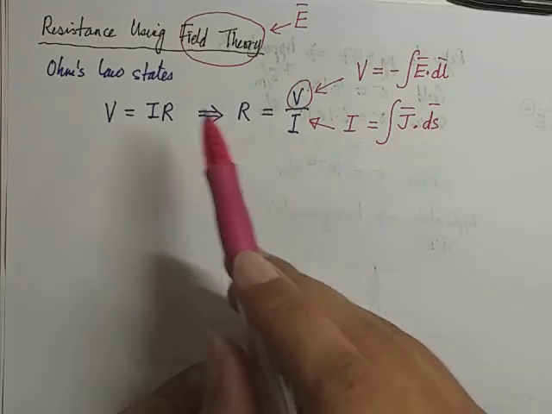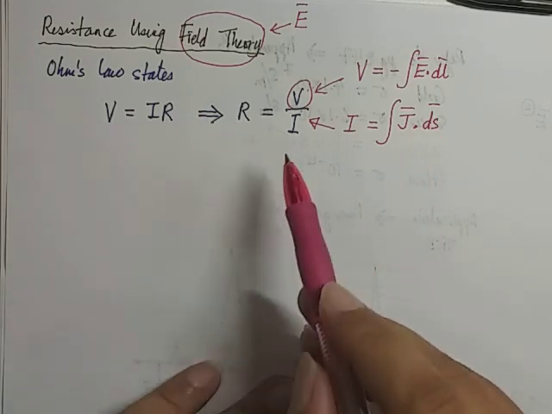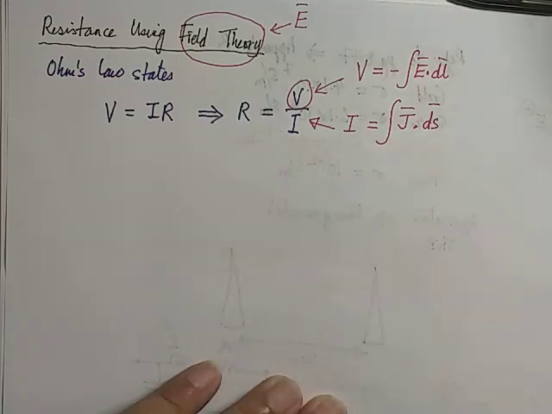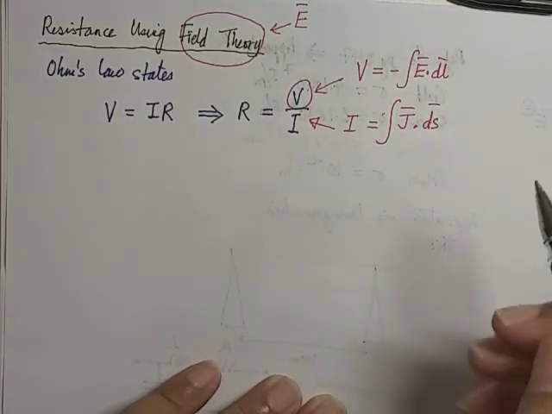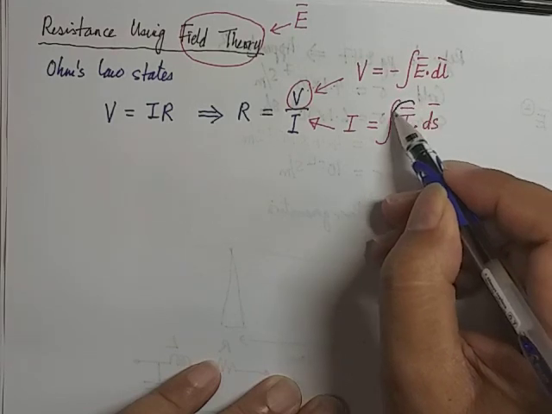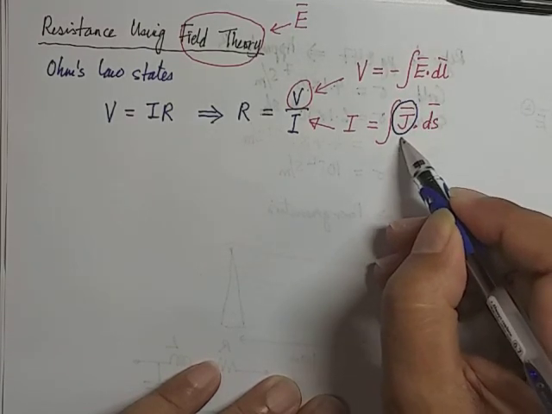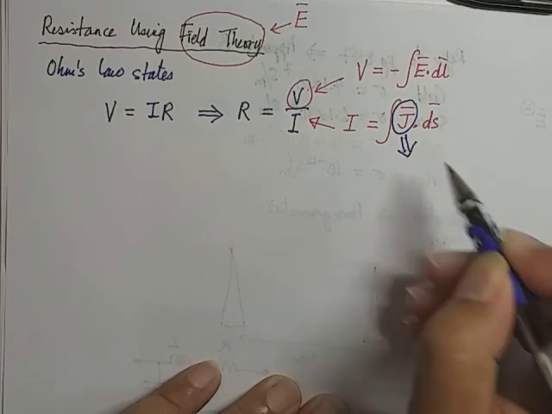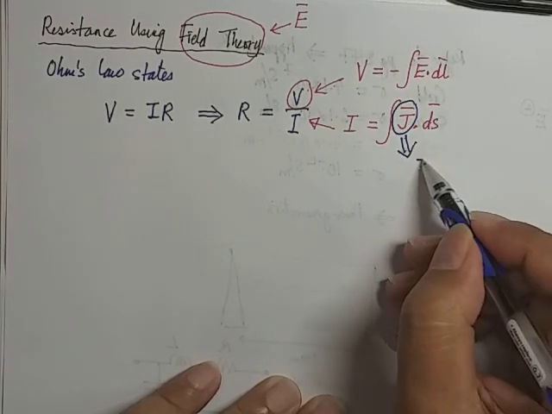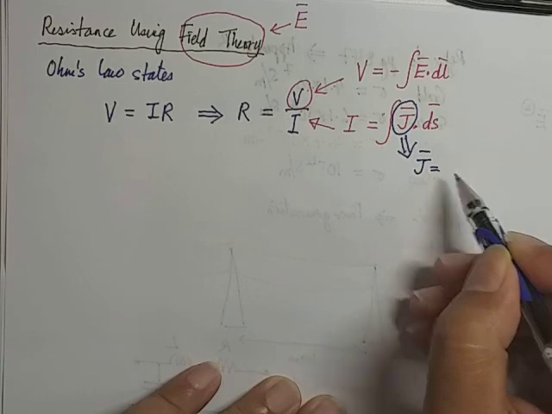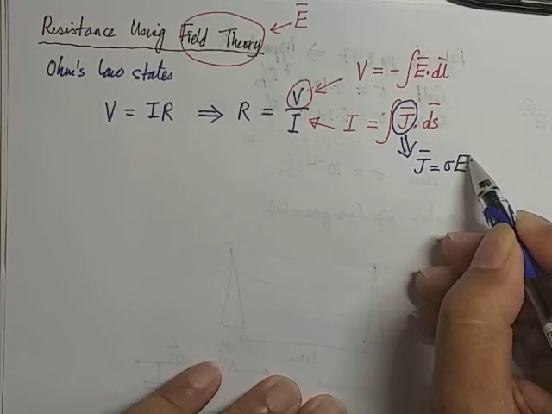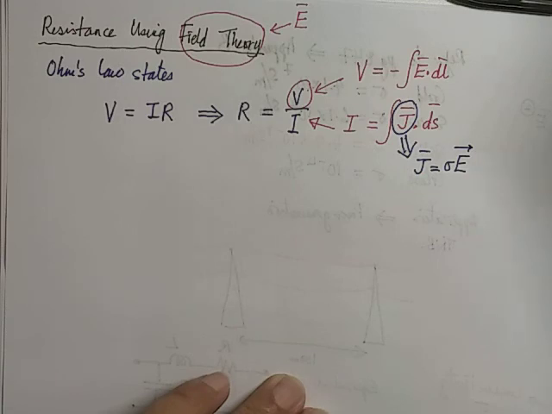Now, since we are dealing with conductor, the current here should be conduction current. So for conduction current, what should be the J needed to be replaced here? The J, as we showed or proved earlier, in a conductor is given as J equal to sigma E, correct? So now we're also able to convert the I in terms of electric field to fulfill the requirement for resistance using field theory.